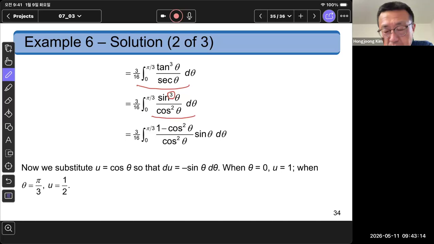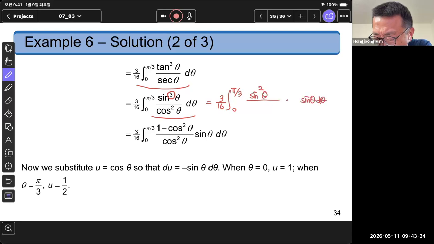So as we considered, you split this cubic power of sine into sine theta squared times sine theta d theta. And then you keep this cosine theta squared in the denominator.